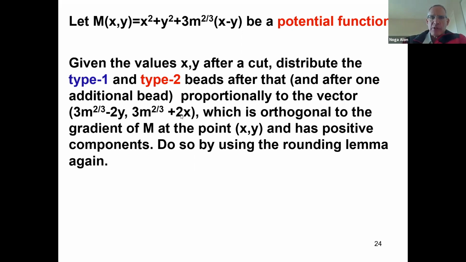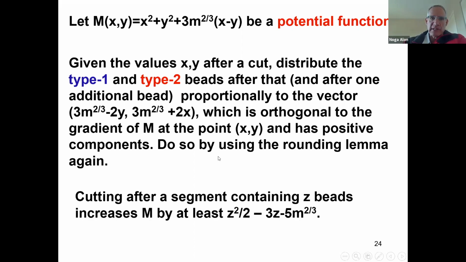And you remember that we already said that we may assume that x and y are at most m to the 2/3. Because of this, the vector here is always positive, and we can indeed allocate beads according to these ratios. Okay, so this is what we do. And then it turns out that you do some computations that I'll not show.